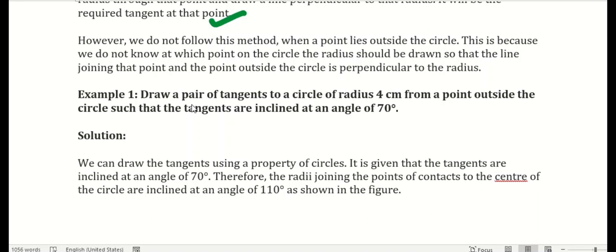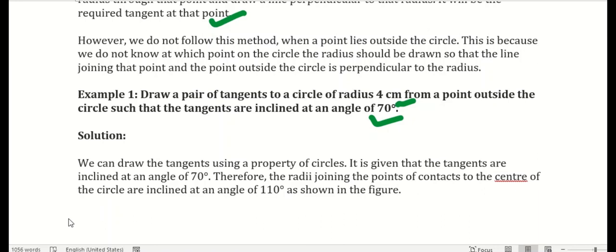Example: draw a pair of tangents to a circle of radius 4 cm from a point outside the circle such that the tangents are inclined at an angle of 70 degrees. We can draw tangents using the properties of a circle. It is given that the tangents are inclined at an angle of 70 degrees.